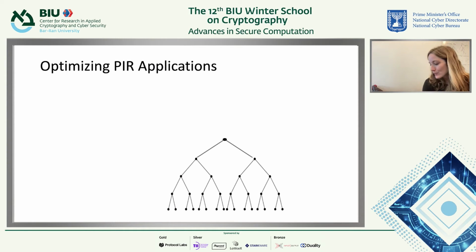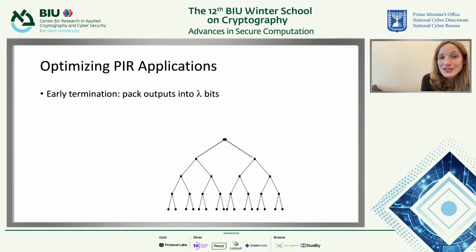And even continuing a little bit further on this path, there are a couple of optimizations that you can do for things like PIR-type applications. One of which is that if my database has 2^n data items in it, I don't actually need to go all the way down to depth n, because along the way I'm computing entire lambda-bit strings, and roughly you can pack lambda different outputs into each one of these strings.